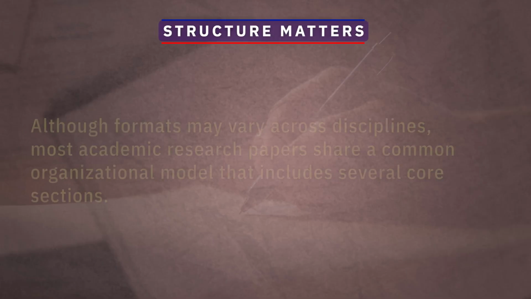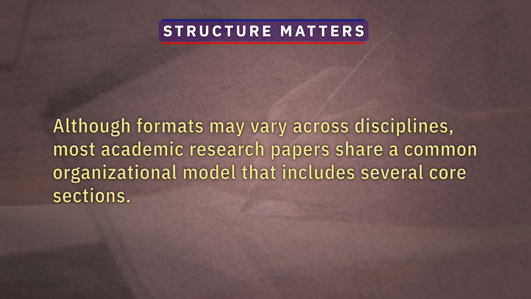But most academic research papers share a common organizational model. This includes several core sections. In any academic writing, that is, in a research article, there are some core academic sections that are common to all papers. And each section has a specific function. Each section contributes, in other words, to the paper's purpose.